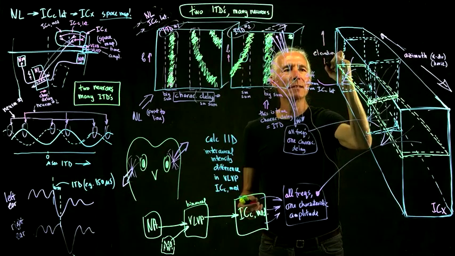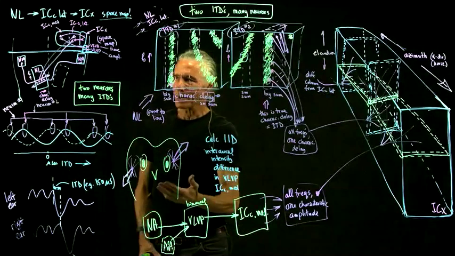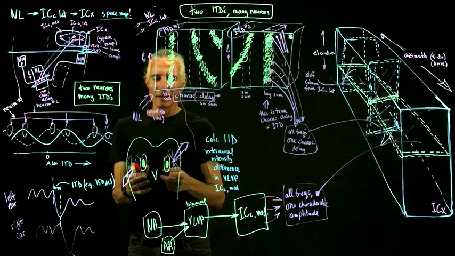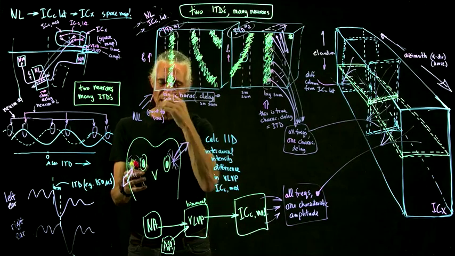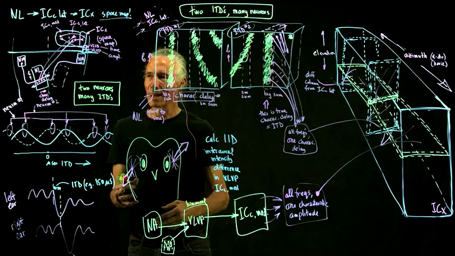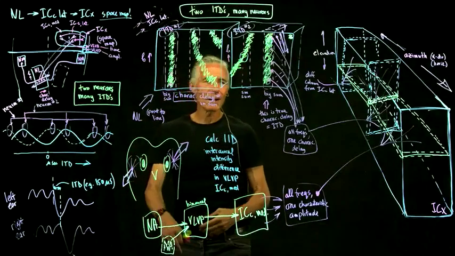Elevation is basically how loud it was in each ear, the loudness difference. So if it's really loud in the owl's left ear, that means it's pretty high. If it's about the same loudness in the left and the right, that means it's in the middle. And if it's really loud in the owl's right ear, then it means it's down.